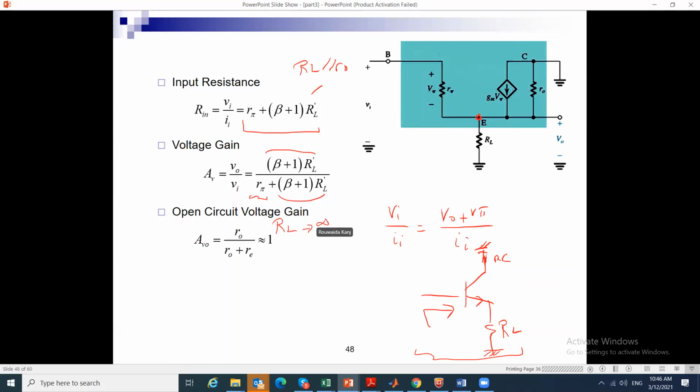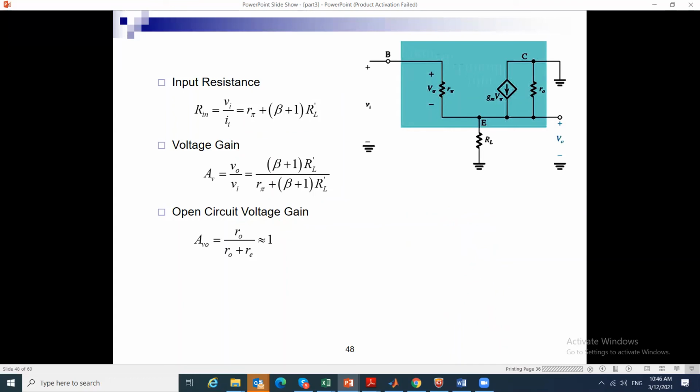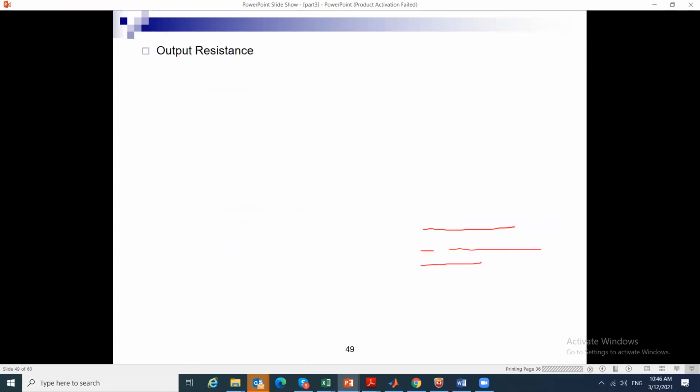So we can plug in from the above equation and we find that it is approximately equal to 1. Okay, طيب, so this has a large input resistance, gain equals 1, so the signal at the emitter follows the signal at the input, and this is why we call it emitter follower.